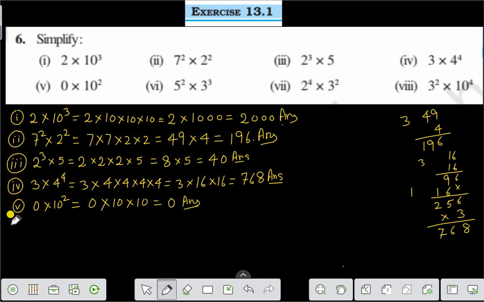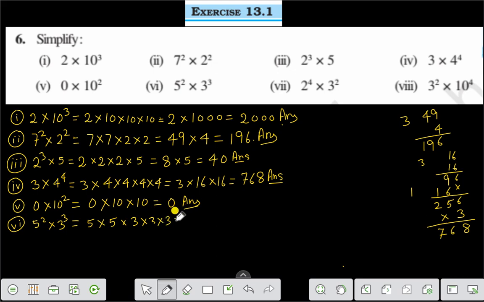Now question number 6 is 5 to the power 2 into 3 to the power 3. That can be written as 5 into 5 and 3 into 3 into 3.